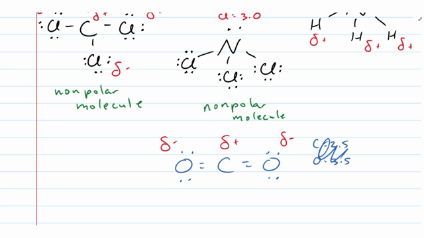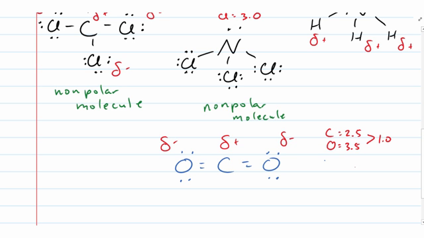Another way you can think about this is like a tug of war. You can think of these numbers over here as a strength at which these atoms can pull. So carbon's at 2.5, oxygen sits at 3.5. The difference in here is 1.0.